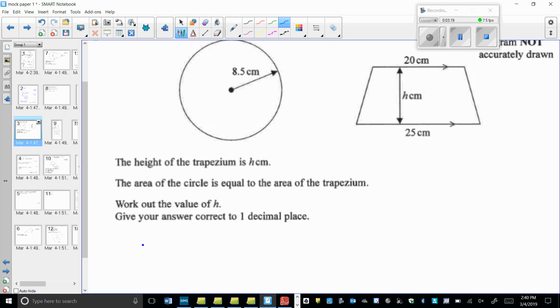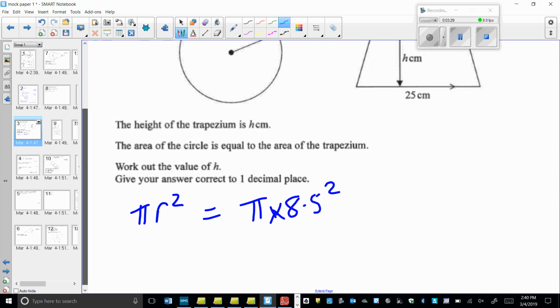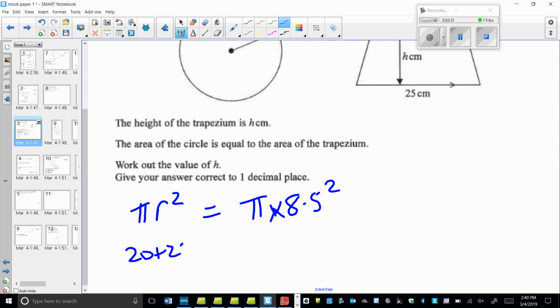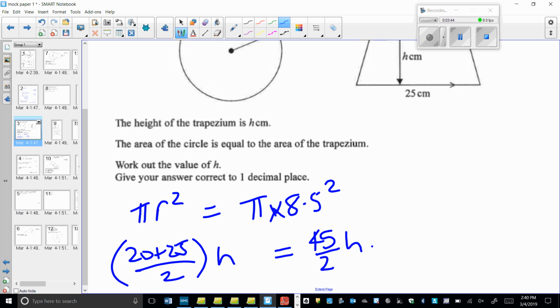So this circle here is going to be pi r squared, so that's pi multiplied by 8.5 squared. And then this trapezium would be 20 plus 25 over 2 multiplied by h. So that's 45 over 2 h.